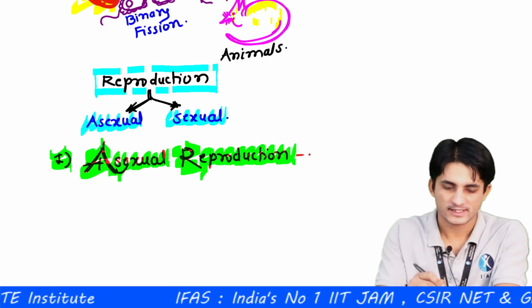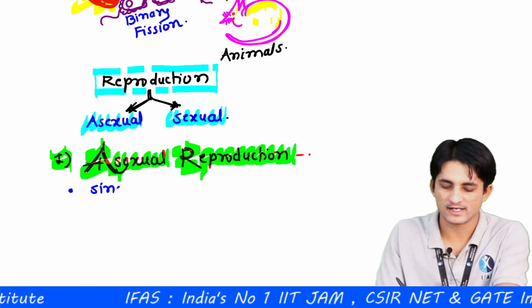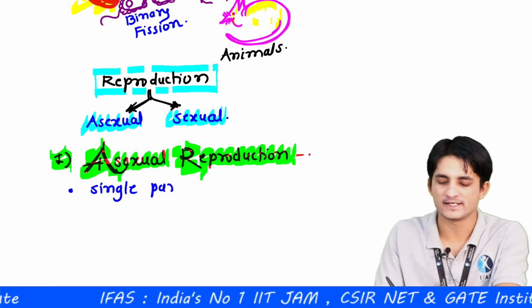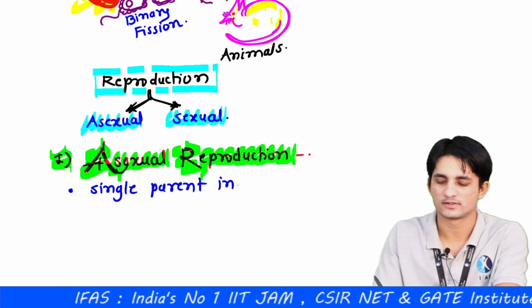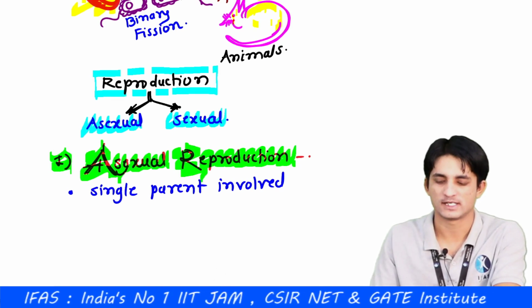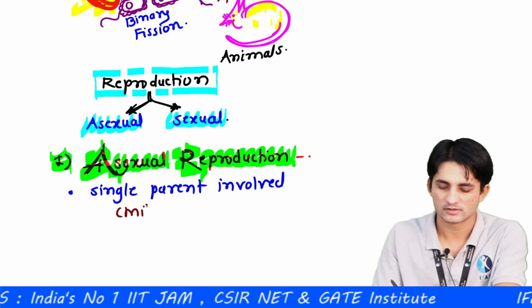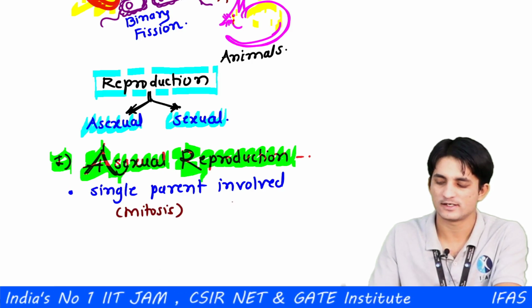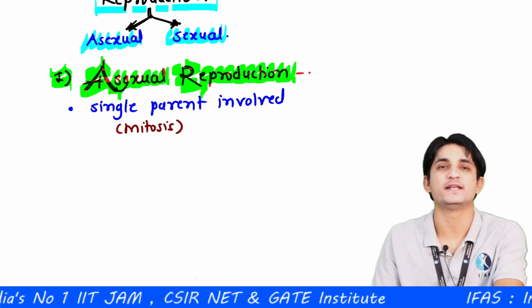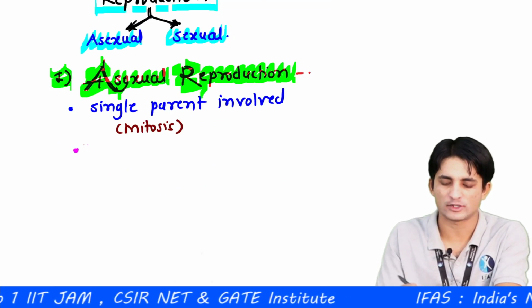Now in asexual reproduction, a single parent is involved. Only one parent is involved, and mitosis occurs in asexual reproduction. There is doubling, and due to the doubling, mitosis occurs.